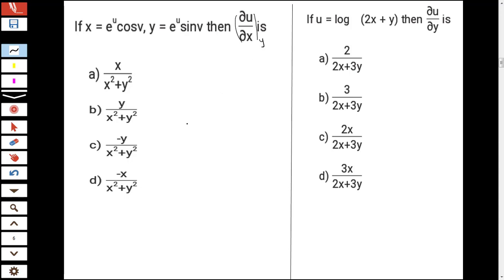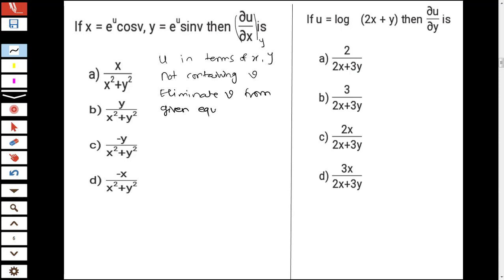So for dabba u by dabba x, we must have u in terms of x and y, and obviously not containing which variable? v. Means we have to eliminate v from the given equations.